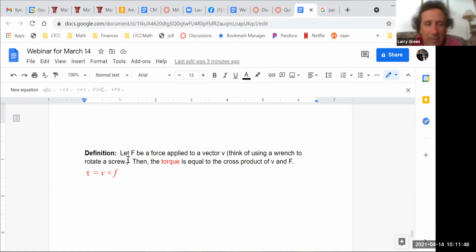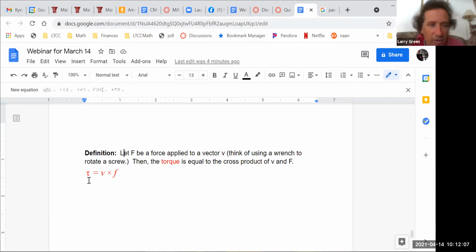Okay, you've all probably done that before. And the torque is equal to the cross product of V and F. So it's kind of how much force you need to apply in a way to rotate that screw.